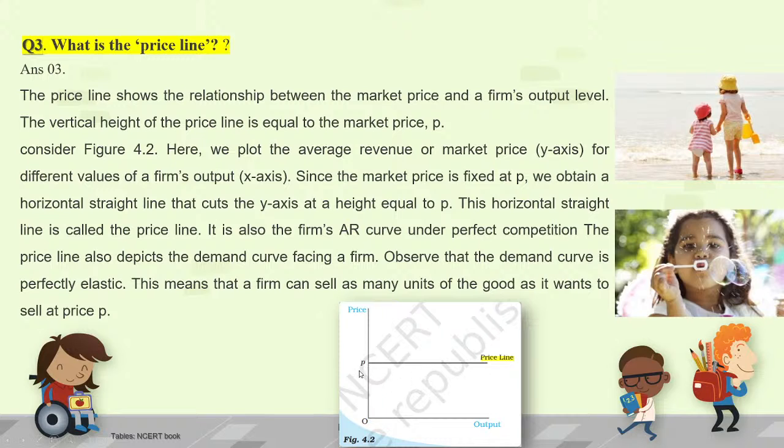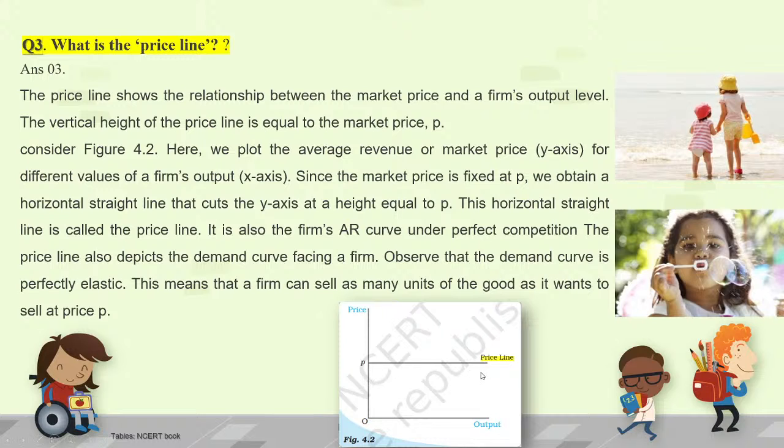This price line is also known as the AR curve, or the average revenue curve, under perfect competition. Here it is a straight line. It depicts the demand curve facing a firm. So it is also known as the perfectly elastic demand curve because it is parallel to the x-axis, or the output axis.